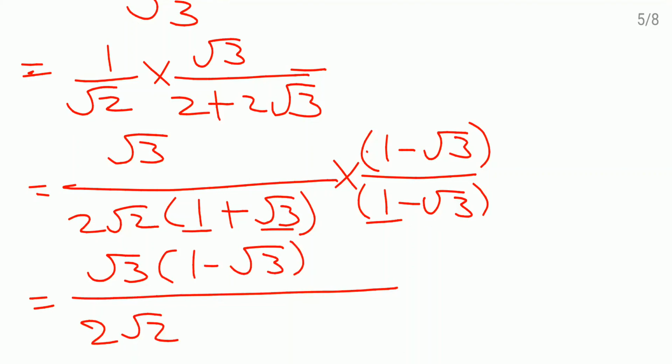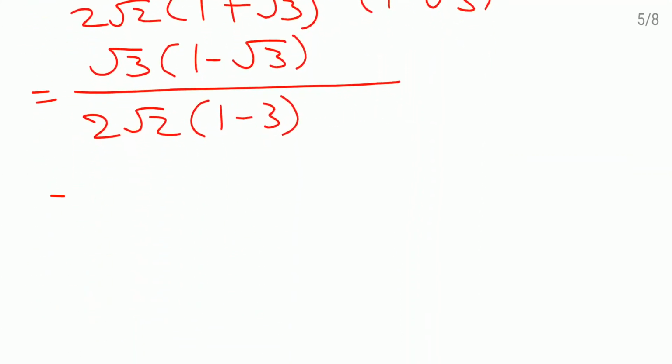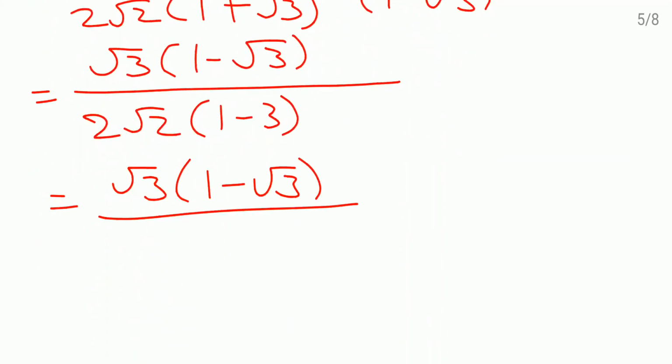We know the identity, a plus b and a minus b, right? A square minus b square. It means that 1 minus 3 because root 3 square is 3. Now see here, root 3 in the bracket 1 minus 3 divided by, this is minus 2. So minus 2 and this 2 is 4, right? Minus 4. So we'll write it down there directly. Minus 4 root 2.